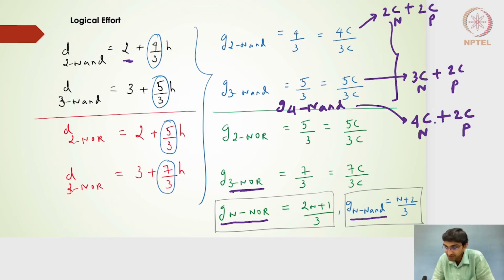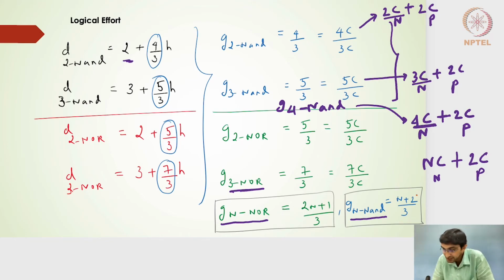So the overall, what I'm saying is, as the number of inputs increases for the NAND gate, for the 2 input it is 2C, for the 3 input it is 3C, for the 4 input it is 4C, for the N inputs it will be NC on the NMOS side, plus 2C from the PMOS side. So that's what I have here.